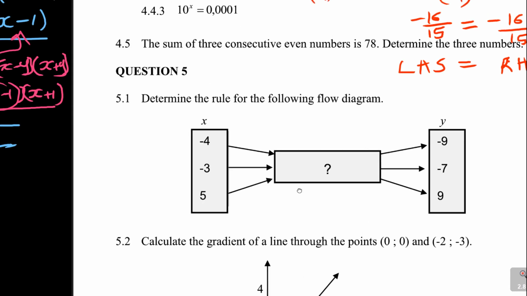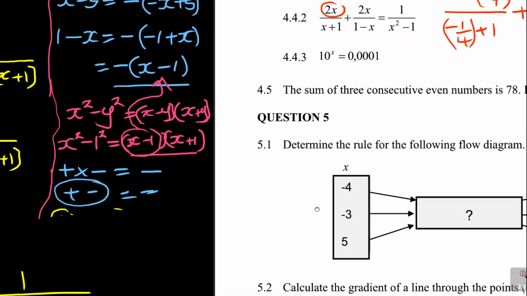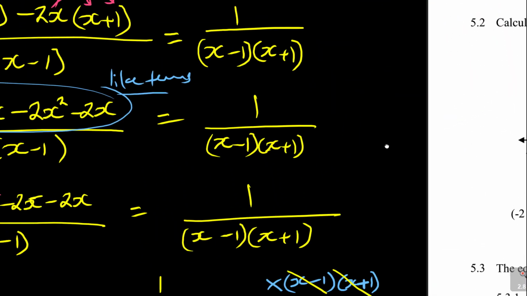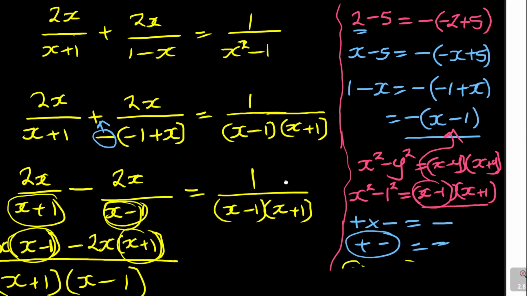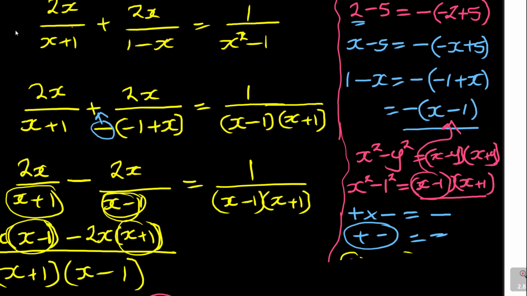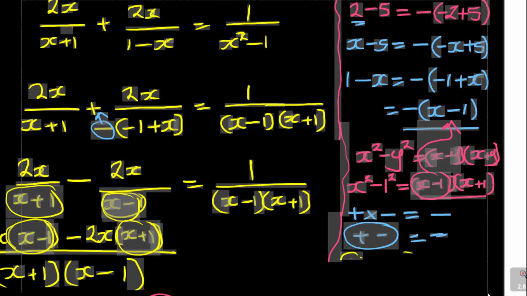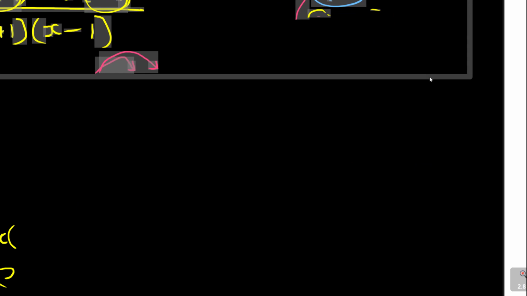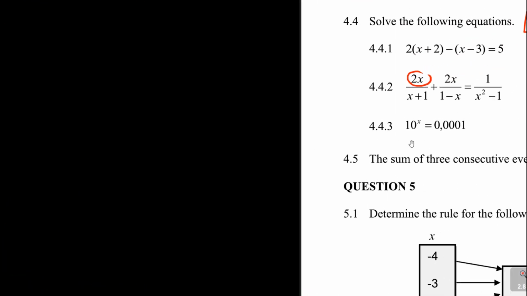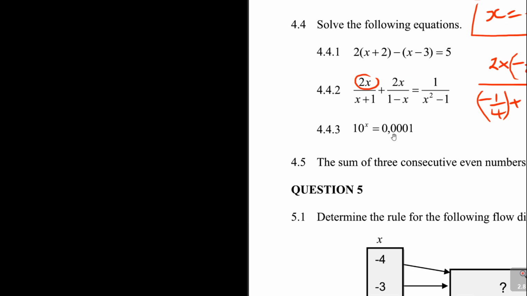Let's look at the other question here. I still need some space though, but it's just full. Let's say I just take a bit of space here and chuck this thing up instead, just creating some space. Look at this. It says here 10 to the power of x is equal to 0,000 and 1.